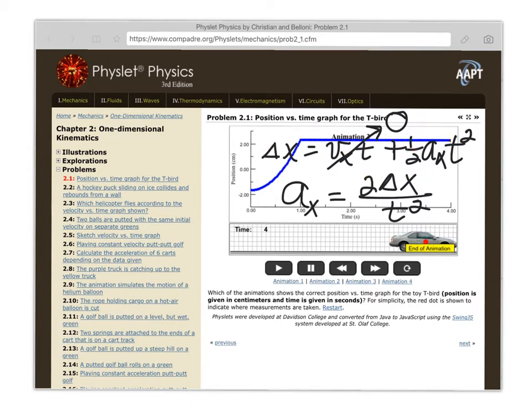We divide both sides of the equation by t squared, and we get the acceleration as this. So try that. 2 times 4 meters divided by 1 second squared. What are you going to get? You're going to get the same thing, 8 meters per second squared. Great. Remember this equation. It will be very useful to you this week, next week, and over the next 2 semesters.